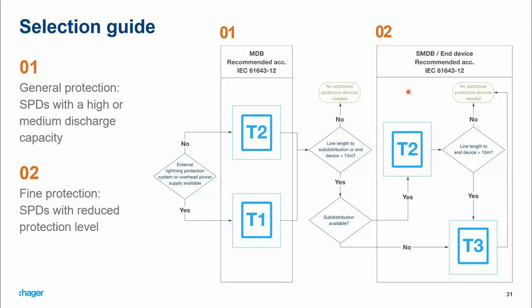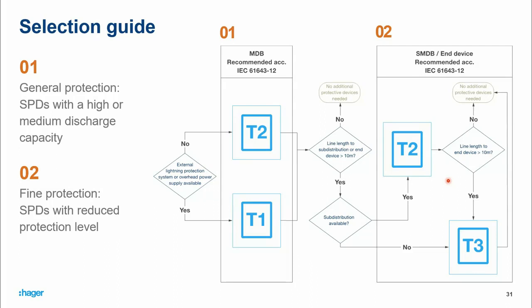That means my submain distribution board will get a type 2 SPD. Now I go on and answer: is the line length to the end device greater than 10 meters, yes or no? I wouldn't go into more detail now because I personally do not know how the Burj Khalifa's electrical installation is inside the building, because normally the submain distribution board is on each floor.